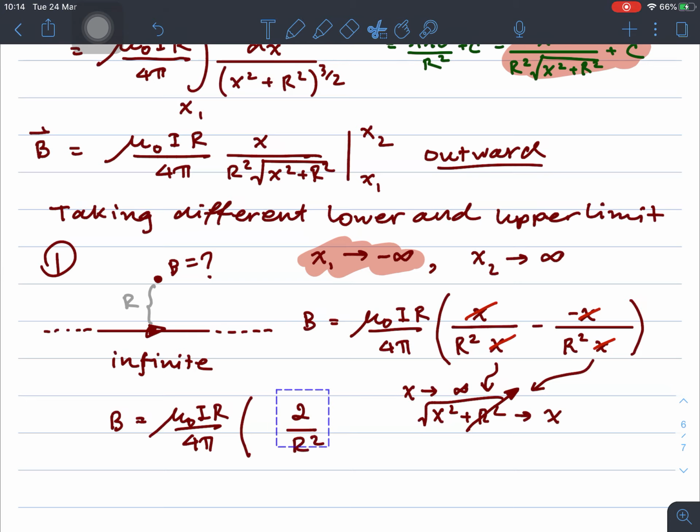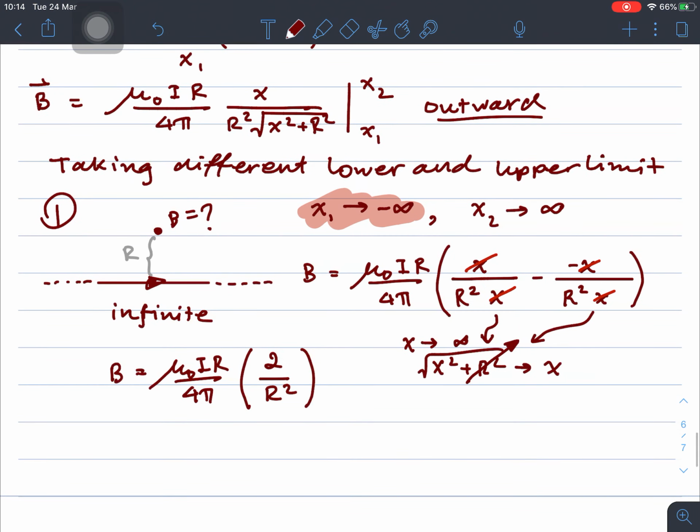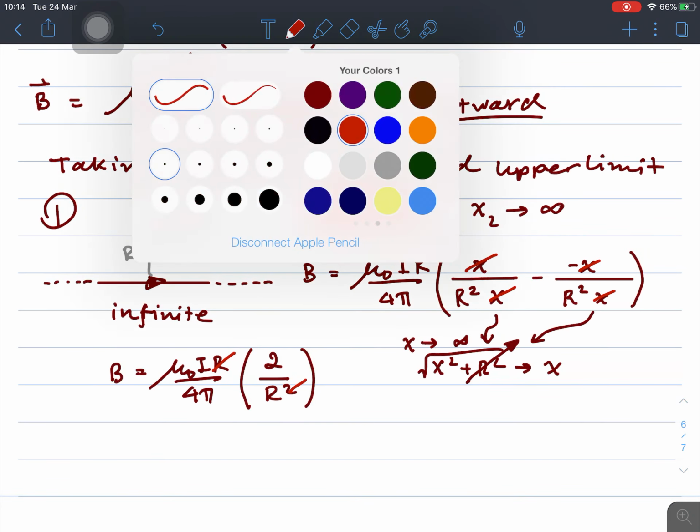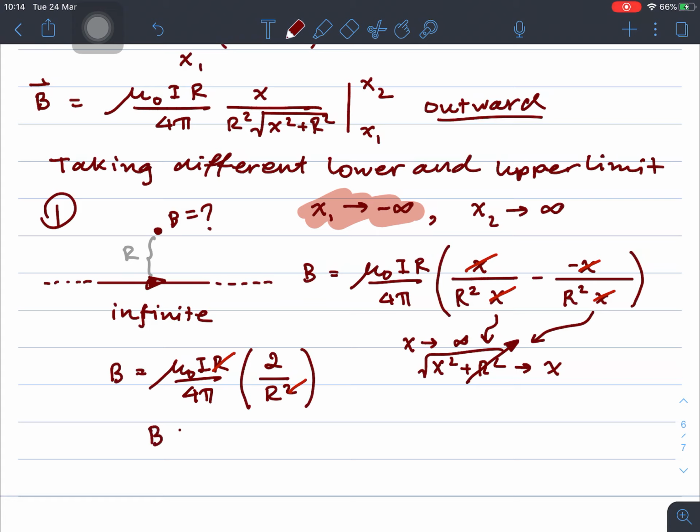So this is what you have for the infinite line. I just cancel r, and you are going to have B as mu 0 over 4 pi I times 2 over r, or some might say that it is mu 0 I over 2 pi r.